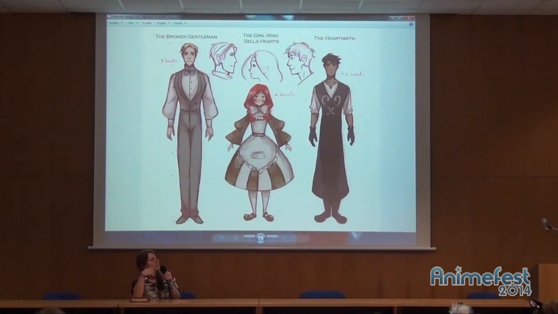And the gentleman was supposed to be gentle, and that's why I drew him with a softer jawline, and he has friendly light colors. And the herdsman is a bit darker because he has to do the dirty work, sort of. So he has darker clothes and a sharper jawline.